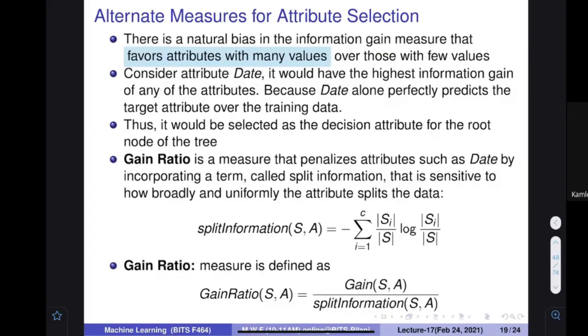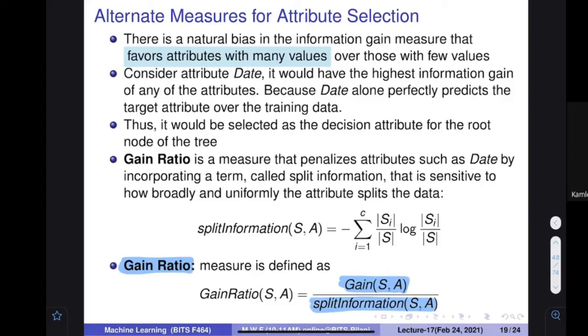For that, a new attribute selection measure has been proposed, called the gain ratio. What is gain ratio? You use the gain that we used earlier, but you divide it by one more quantity, called the split information.